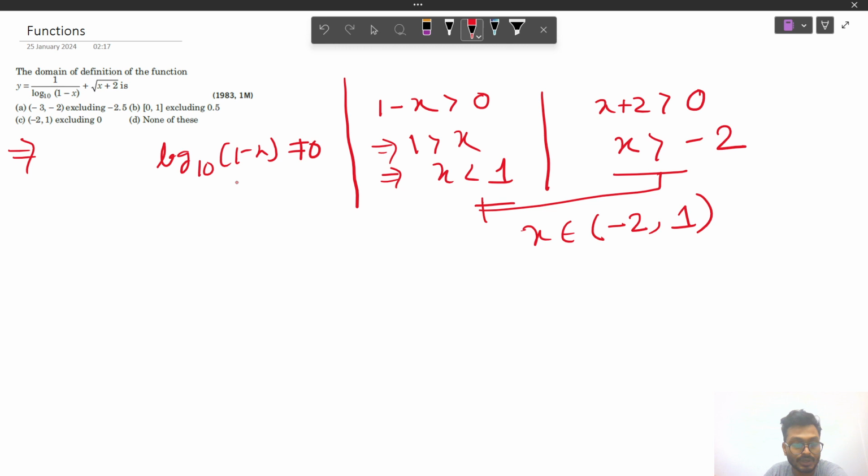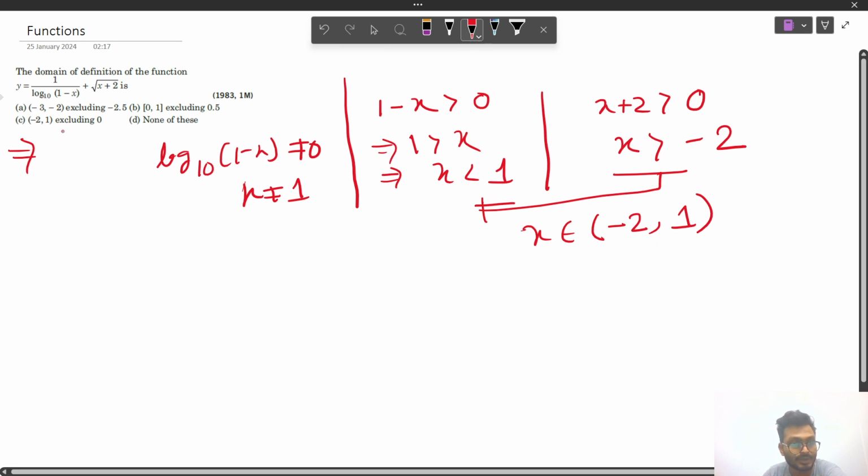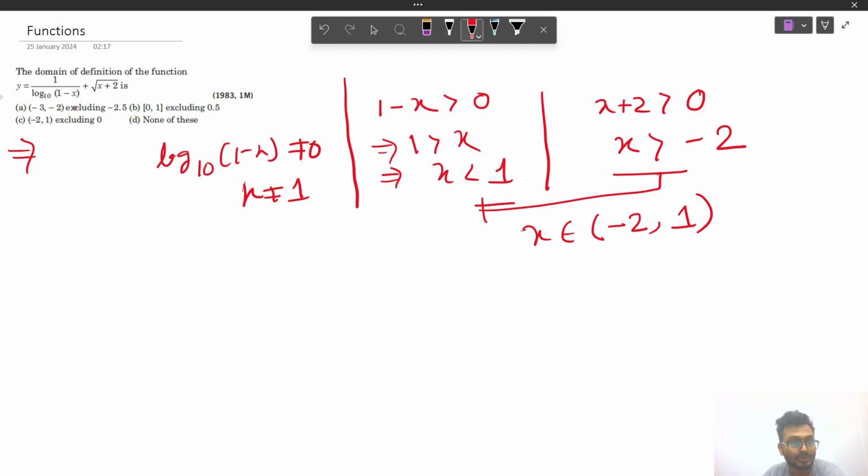Now here we can clearly see that x cannot be 1, because if x is 1, then this will not be defined. So our region is (minus 2, 1), and x cannot be 0.